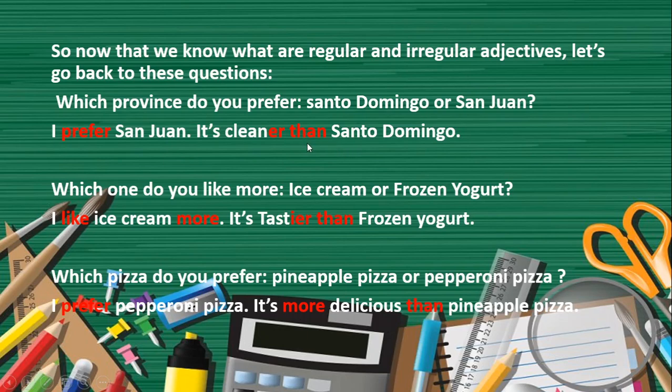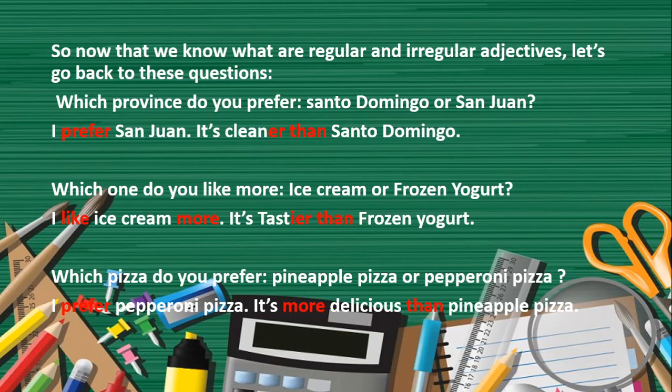In my example, I prefer Huawei. It's cheaper than iPhone. I'm using the comparative form of cheap. What is the comparative form of cheap? Cheaper. And after the comparative form, it is always mandatory, a must, to use than.